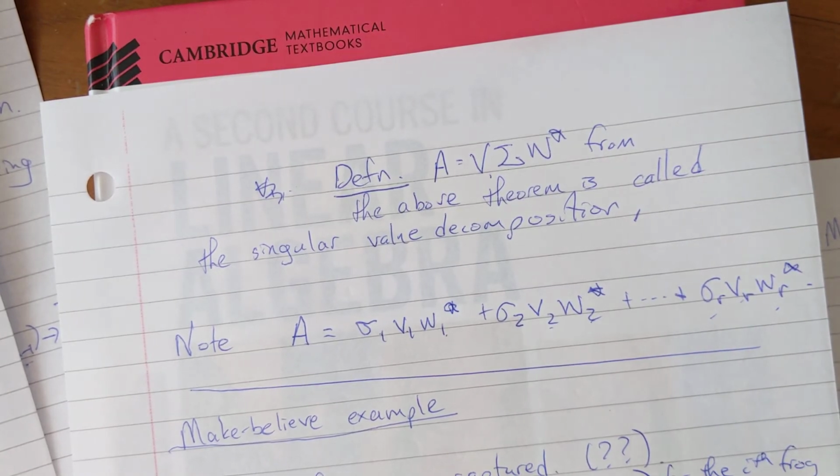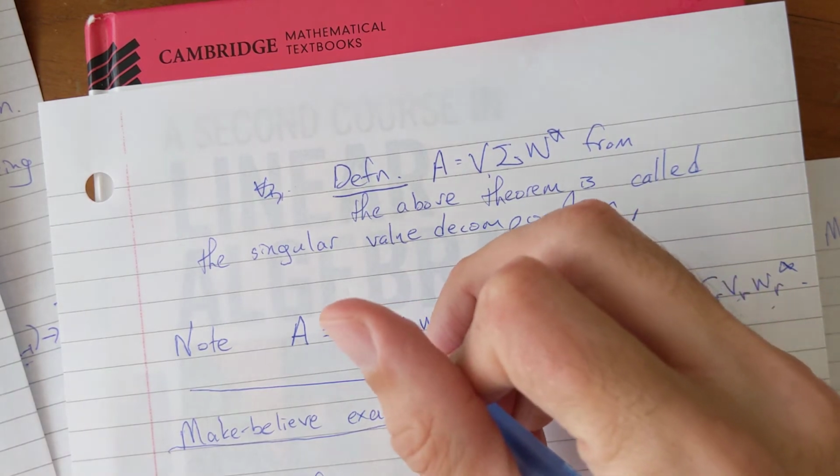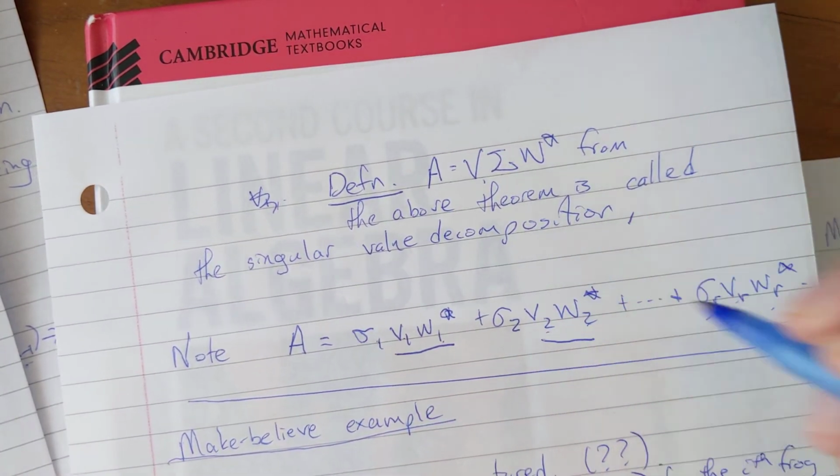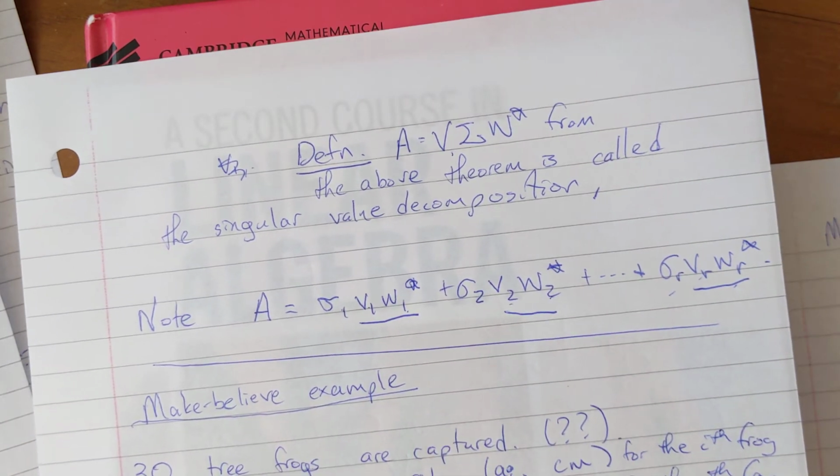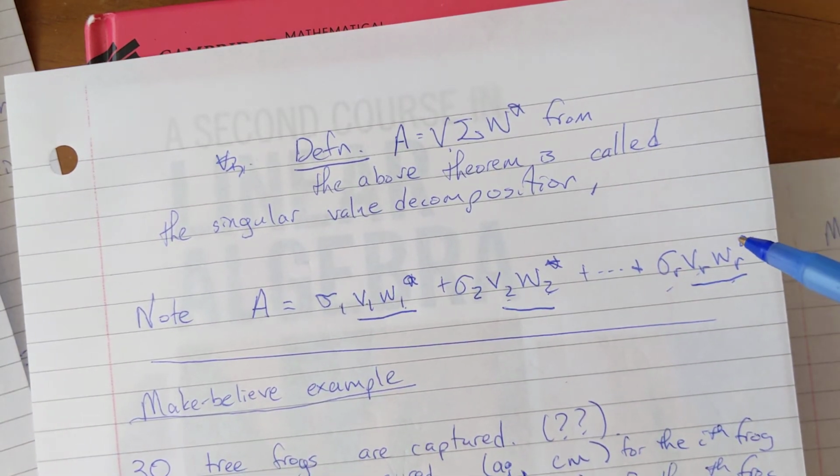And so what happens is that the entries involved in each of these terms are basically not too big and not too small in some sense. Okay.